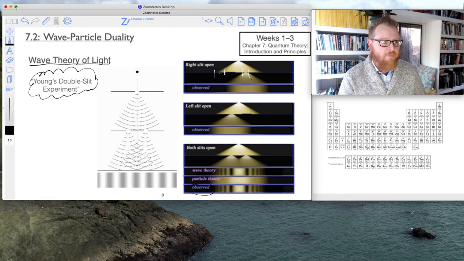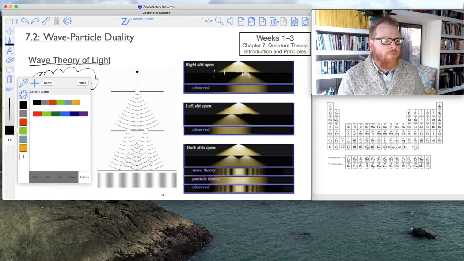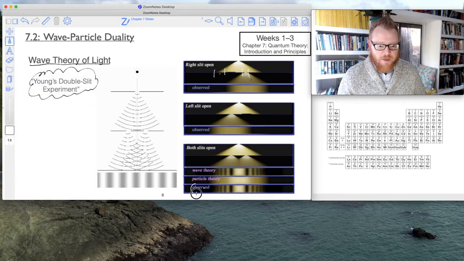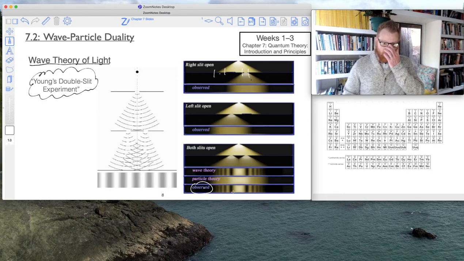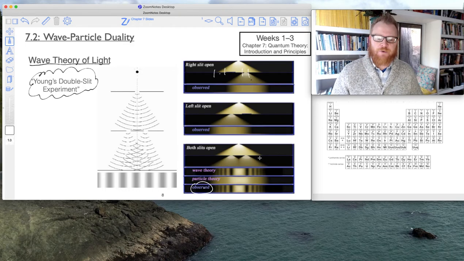You notice now there's no longer this continuous band of light, there are features. It has what I'll call a striped pattern. There are some regions where there's no light, and some regions where you do see some light.